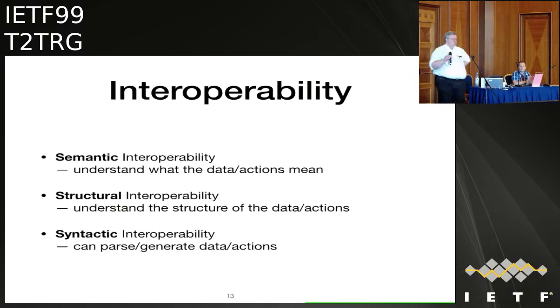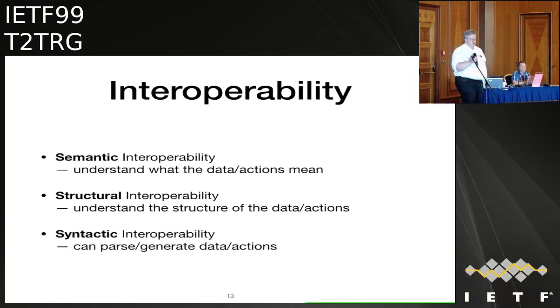So there is something that can be called semantic interoperability, which means we understand what the data mean. So when you have a Mars probe and give it some trajectory data, you understand that it's in foot and not in meter or something like that. That's a simple example of semantic interoperability.